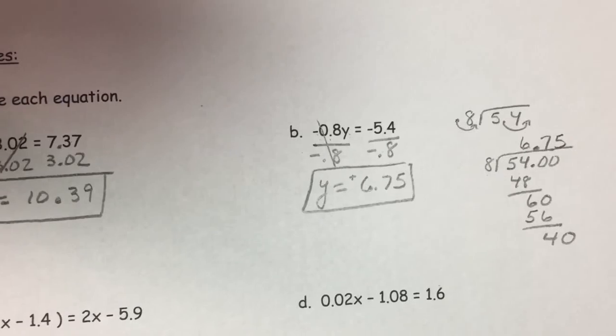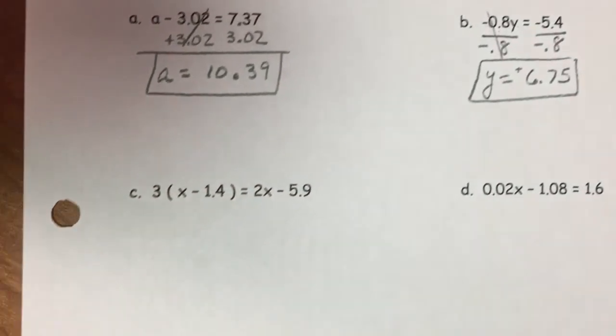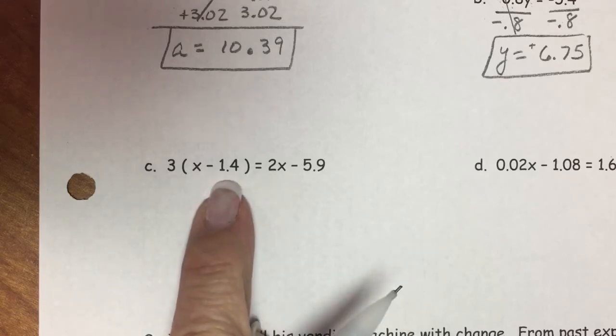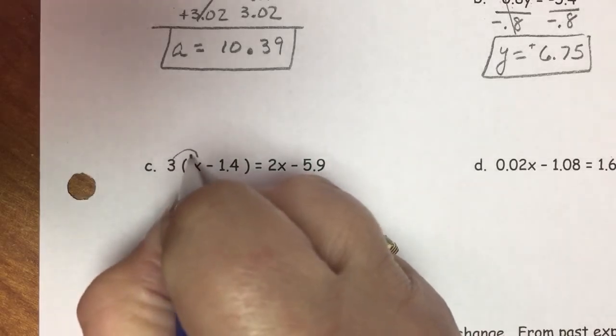All right. I am not a decimal fan, so I am not enjoying this one bit, just so you know. But we're going to get through this. In fact, we're almost done with this. All right, so look what C has that we haven't dealt with before. C has parentheses that we have to get rid of, and we're going to do that by distributing.